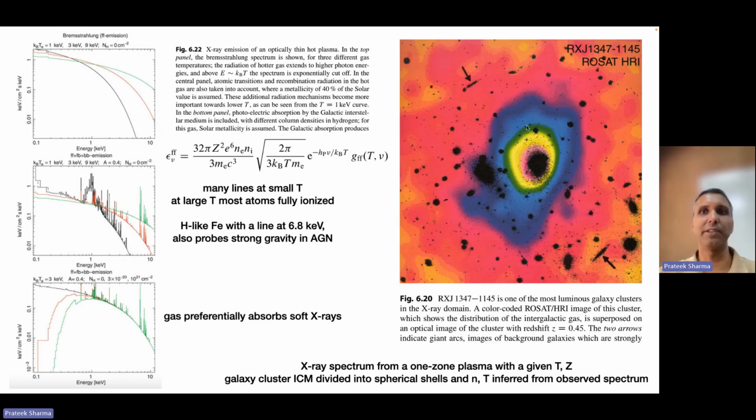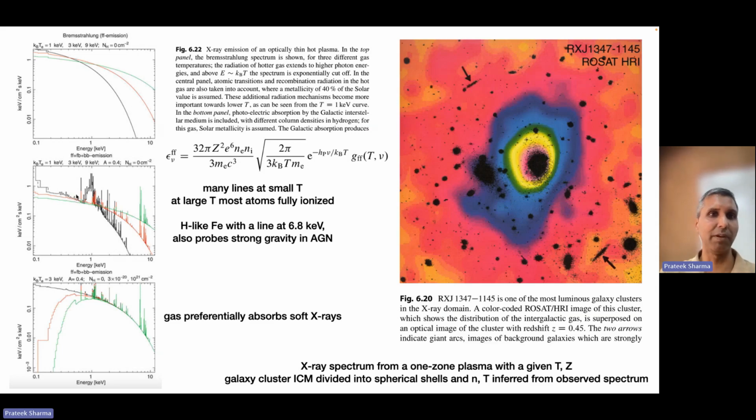That's not like that. The nice thing about X-rays is that if we know the emission mechanism, which in this case we know is Bremsstrahlung or free emission, then we can infer the properties of the emitting plasma. For example, what is the density and the temperature of the plasma that is emitting these X-rays. So these are surface brightness maps, but from modern telescopes like XMM Newton, the primary observable that we have is the spectrum.